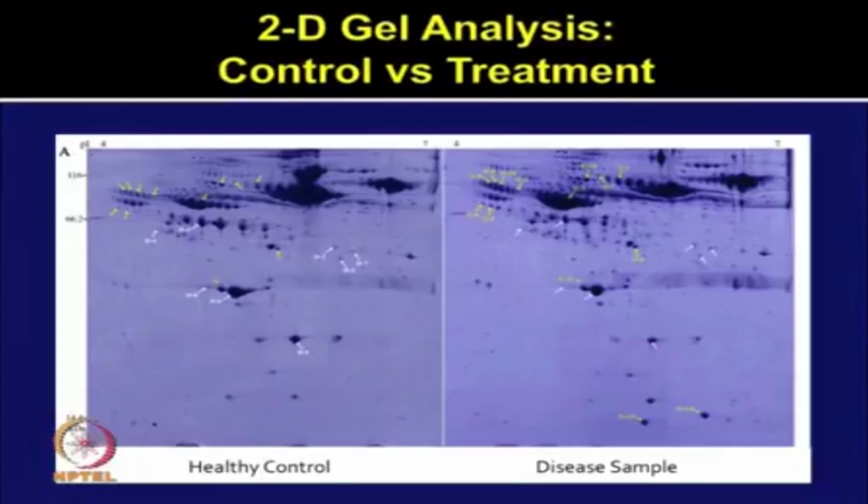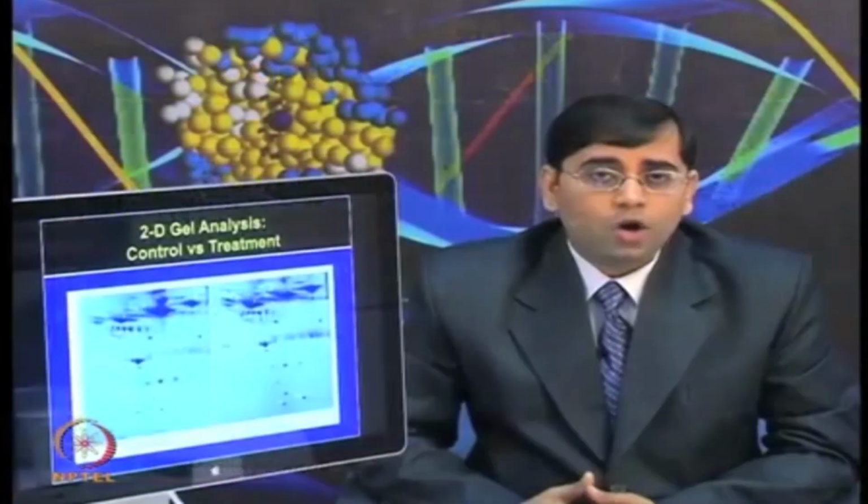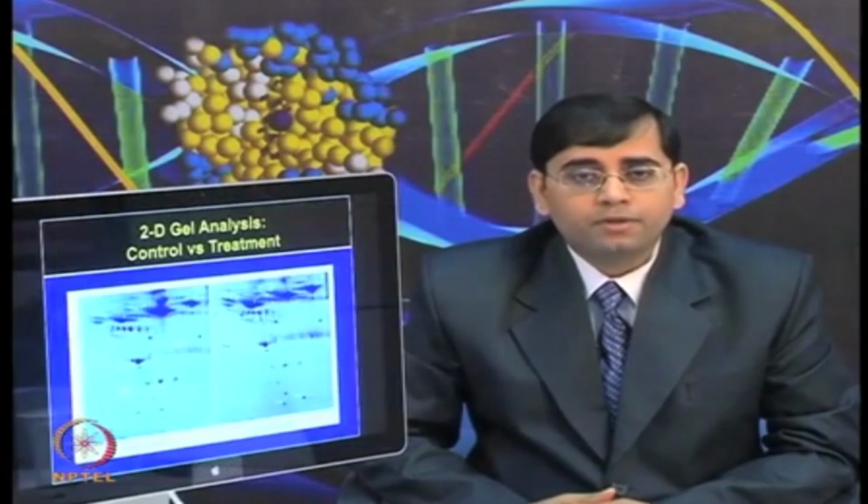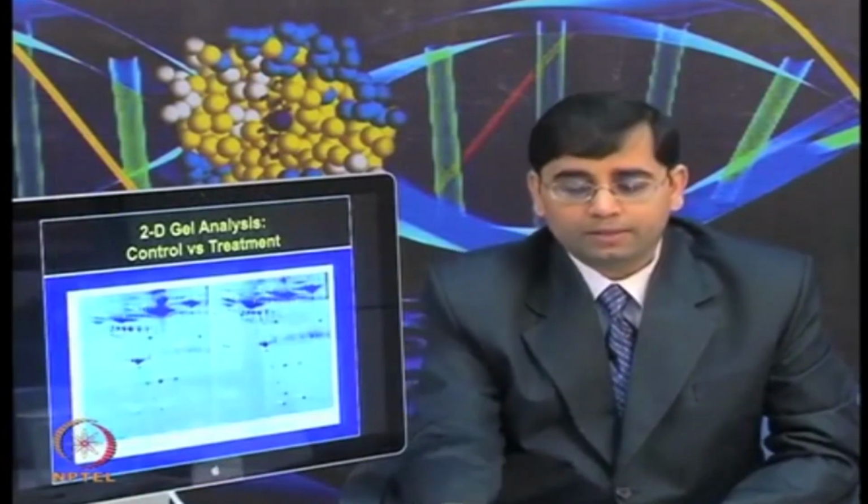One can look at different healthy controls and different disease samples to see what is happening to each spot, and whether there is statistical significance for their overall change, if it is going up or going down, whether that is uniform in all the gels and how significant that is. All of this analysis can be performed using different software.